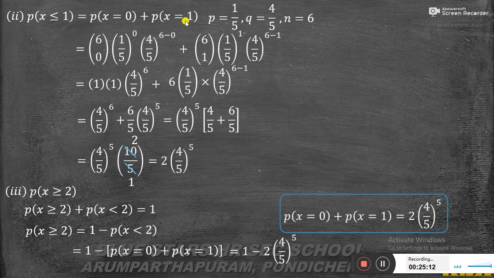Both answers were calculated before, and the sum is 2 into (4/5)^5. Substituting this, the answer for the probability that at least 2 products are defective is 1 minus 2 into (4/5)^5.